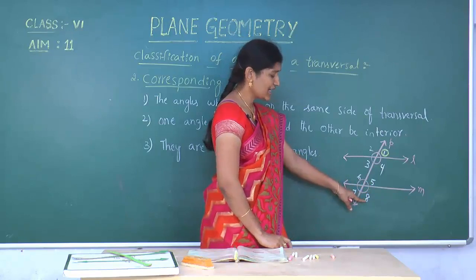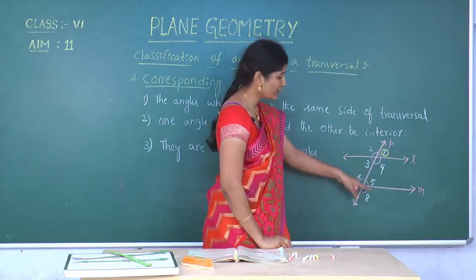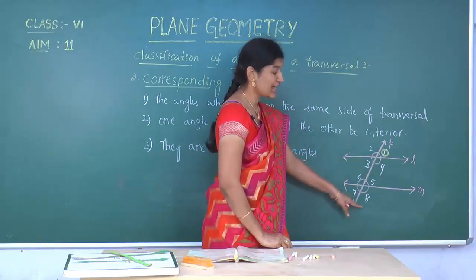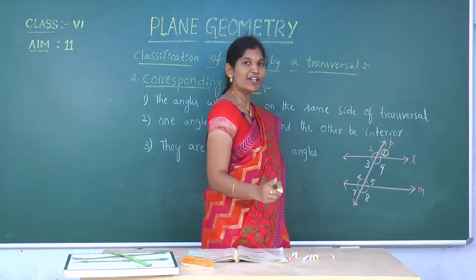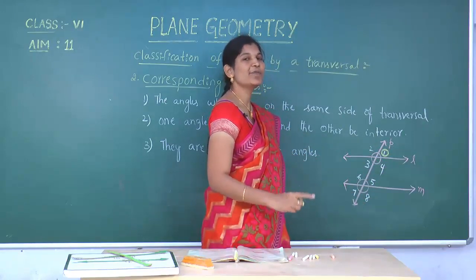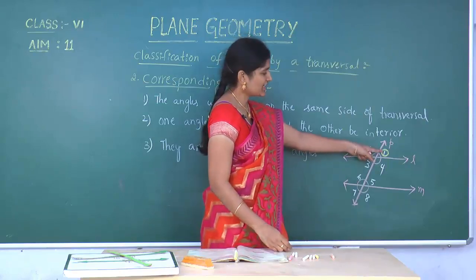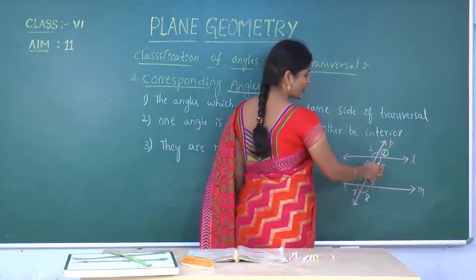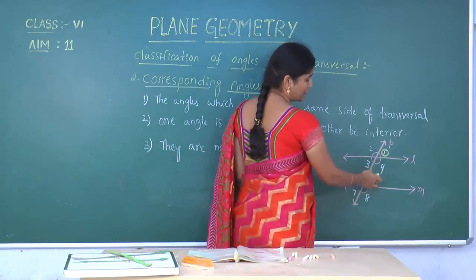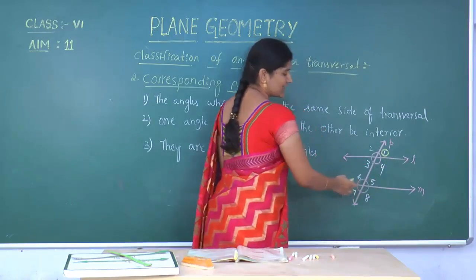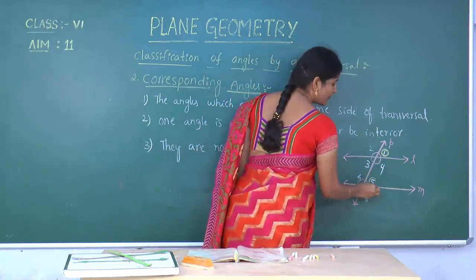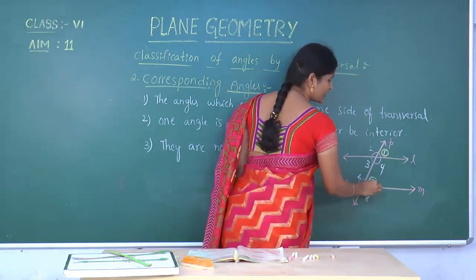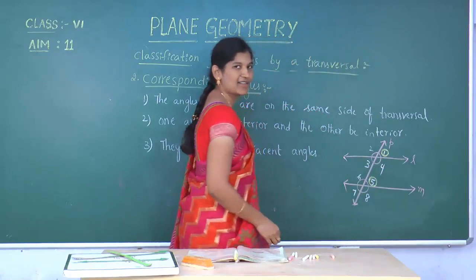Can I take 8? No. Why? Because if you take 8, 1 and 8 both will be exterior. My second condition is one should be interior and the other should be exterior. Here I selected exterior. Now I am going to select interior. Here I have 4 and 5 as the interiors. Among these two, I should select 5 only. Why? Because 5 is not adjacent to 1.